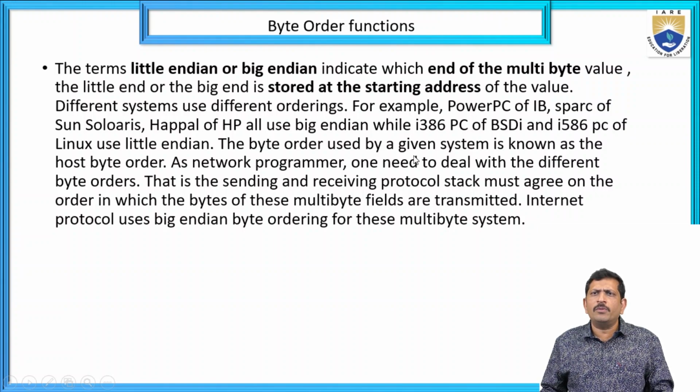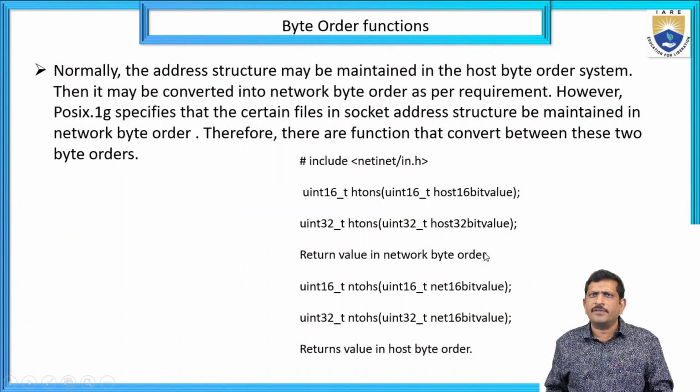The byte order used by a given system is known as the host byte order. As a network programmer, one has to deal with the different byte orders, that is, the sending and receiving protocol stacks must agree on the order in which the bytes of multiple byte fields are transmitted. The Internet protocols use big endian byte ordering for these multiple byte integers.